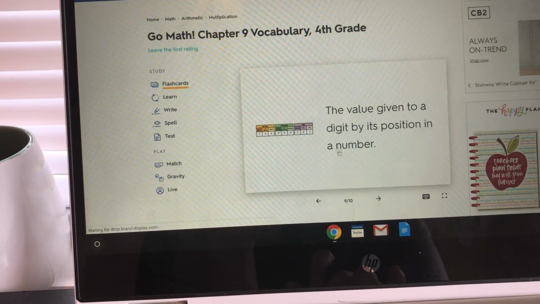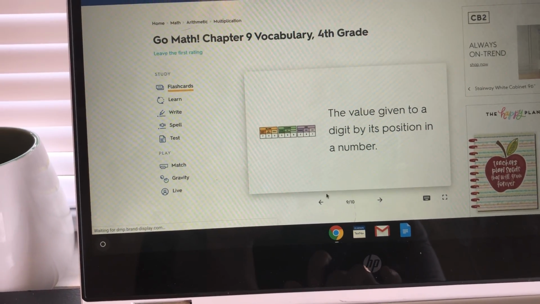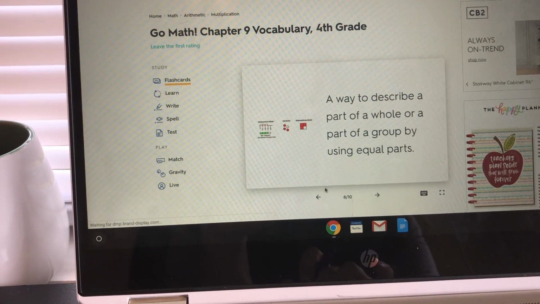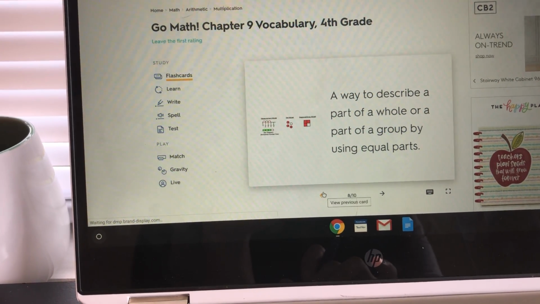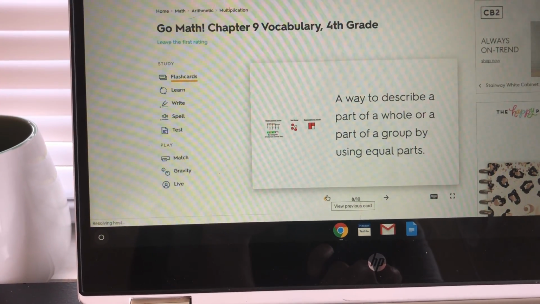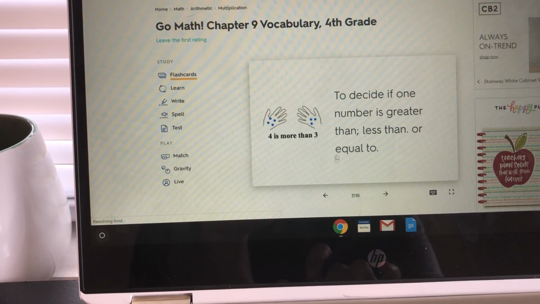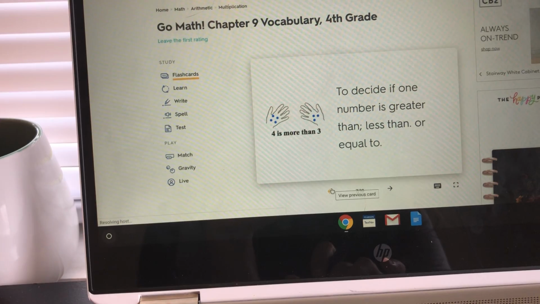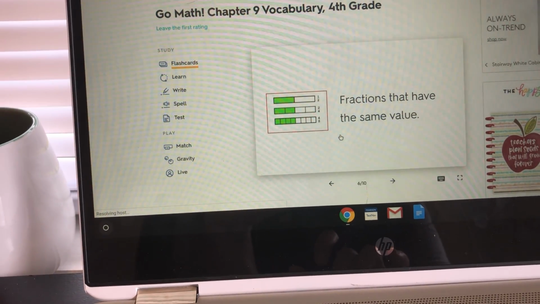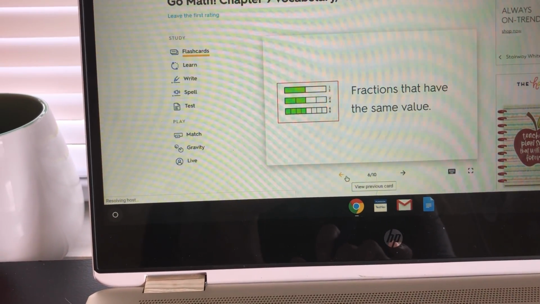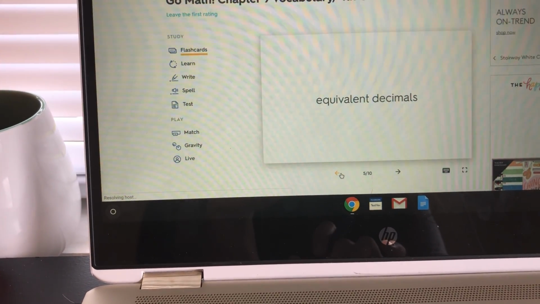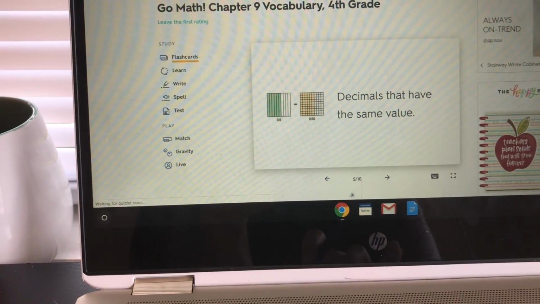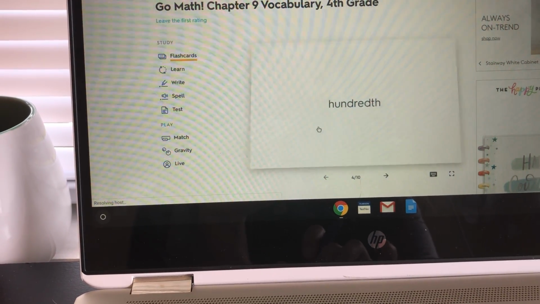Place value is the value given to a digit by its position in a number. A fraction is a way to describe a part of a whole or a part of a group by using equal parts. When we compare, we decide if they are greater, less than, or equal to. Equivalent fractions are fractions that have the same value. Equivalent decimals are decimals that have the same value.